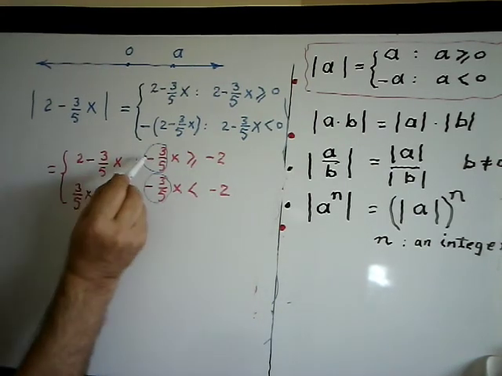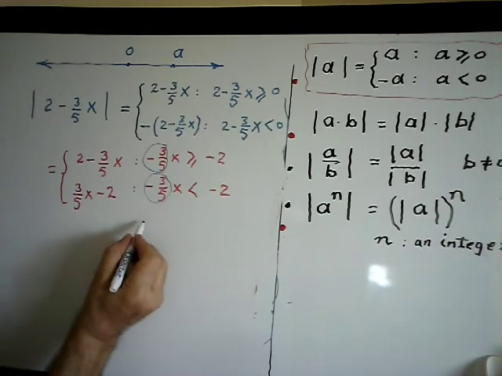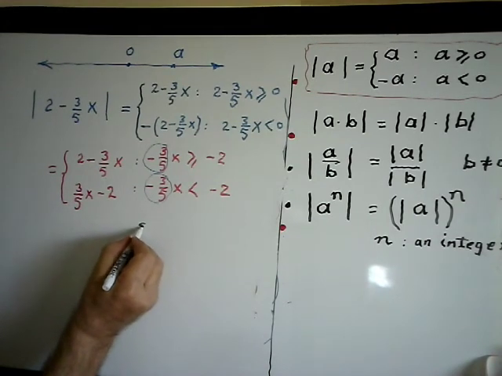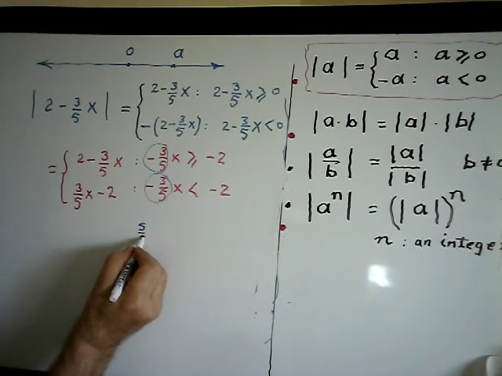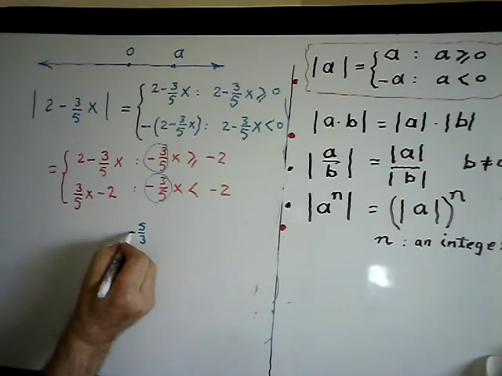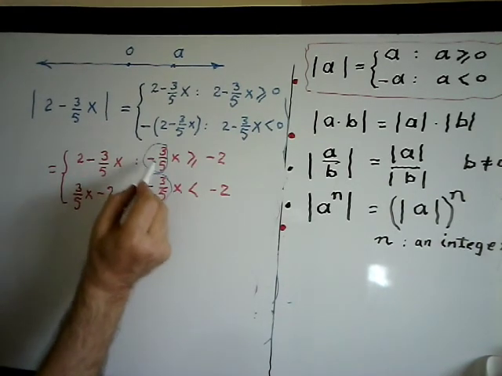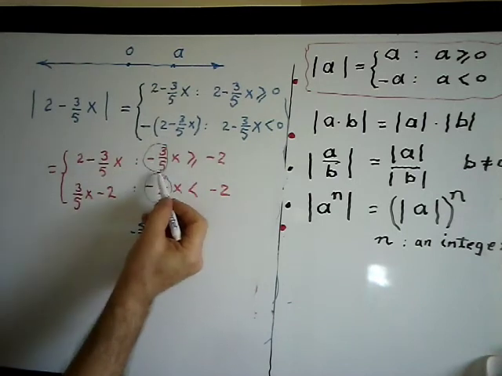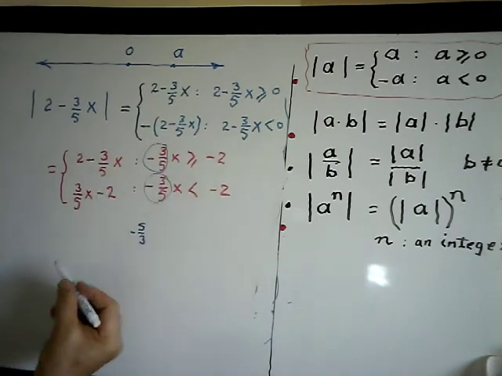The inverse of this number is negative 5 over 3, which is the same sign, but the 5 will be up and the 3 will be down.